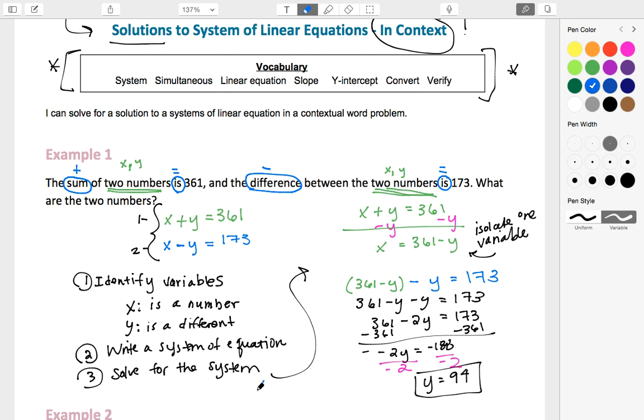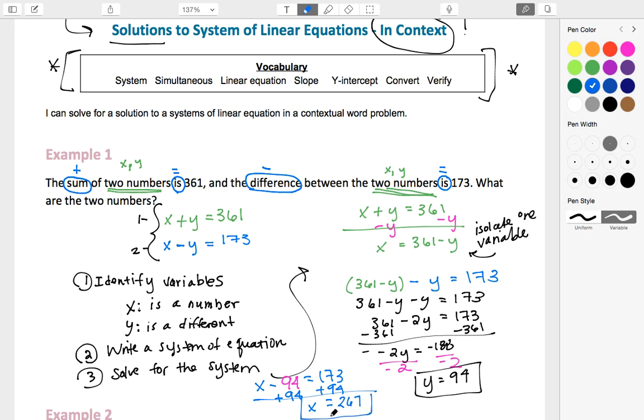So we have x minus y, and we said y is 94, so I'm going to substitute 94 equals 173. So then I can isolate my variable, and I'll get x equals 276.